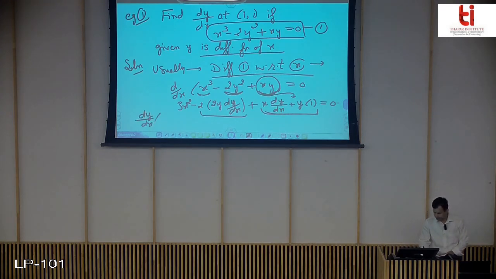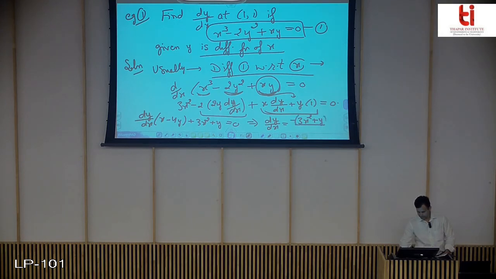Take the terms of dy dx, that is x minus 4y, is equal to minus 3x square minus y. So this gives dy dx is equal to minus 3x square plus y upon x minus 4y. Okay, so this was the usual technique that we used to follow.